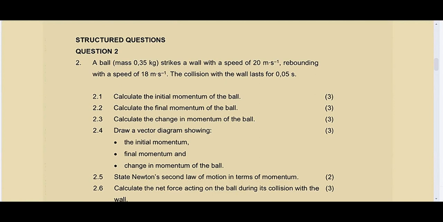Okay, so we are doing structured questions, and we are still on the topic momentum and impulse, just to get ourselves rolling and also be able to understand the concept more clearly. This is how we escalate until we get to those exam type questions and then those difficult questions.